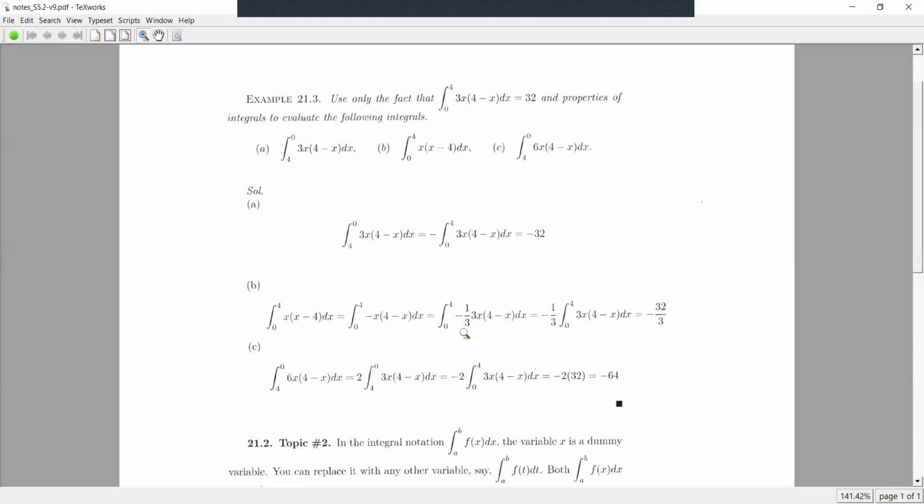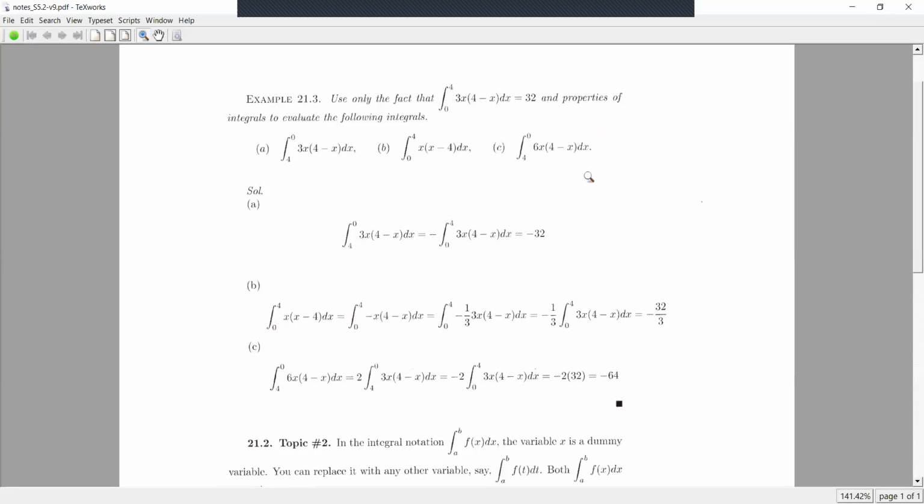Now move the constant negative 1/3 outside this integral. Then we get this equation. Now this integral is exactly the given integral. It is 32. So the answer to B is negative 32 over 3.